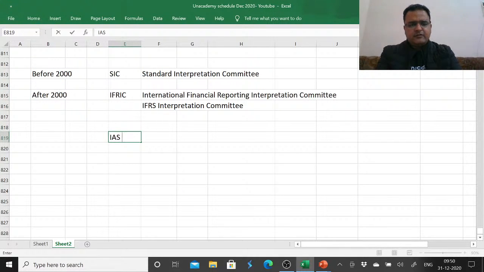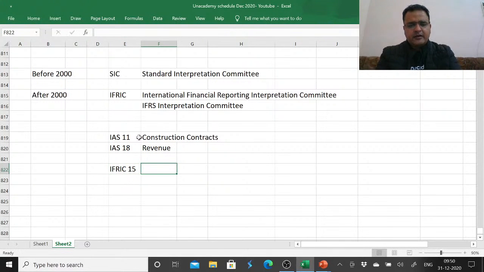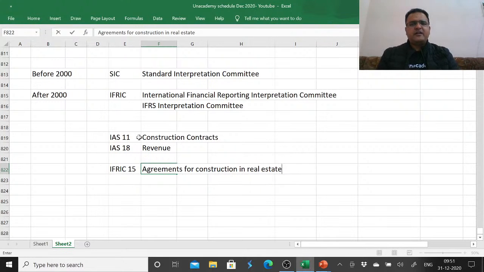Suppose IAS 11 was the standard for construction contracts. IAS 18 was the standard on revenue. There was an interpretation issued, IFRIC 15, agreements for construction of real estate, to clarify which standard is applicable.